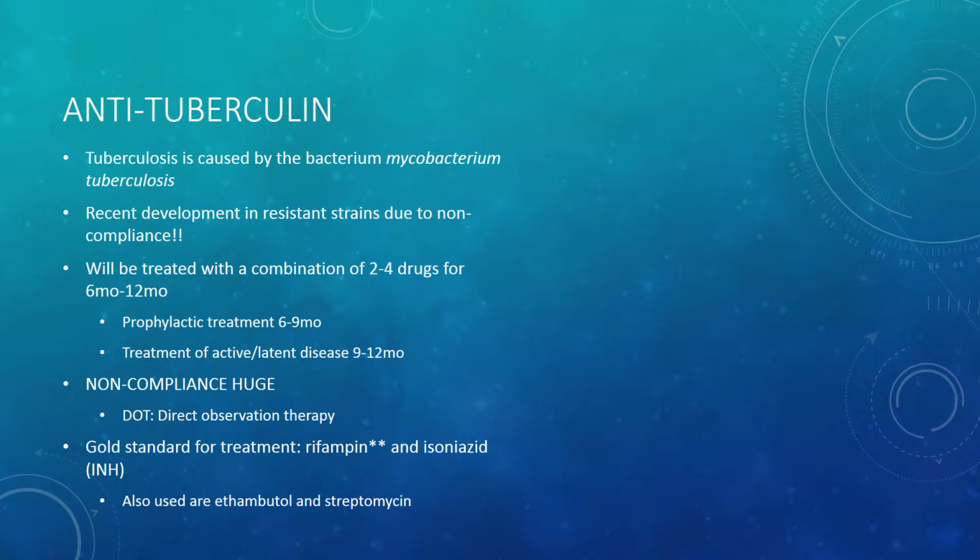Antituberculin medications are used to treat tuberculosis, which is caused by a bacteria, Mycobacterium tuberculosis. We've known of and treated TB for years and years and years. Recently, though, we are developing resistant strains due to noncompliance in drug treatment. This is really bad. This is a huge deal.